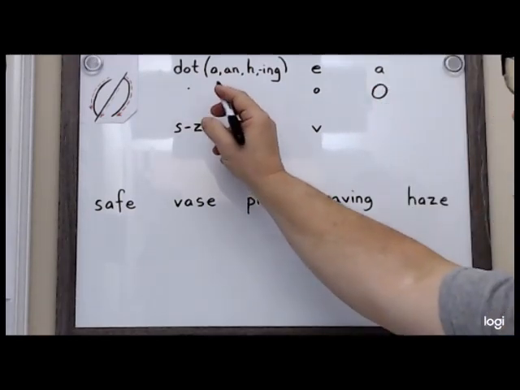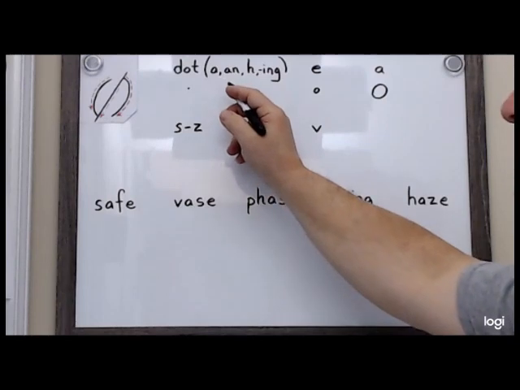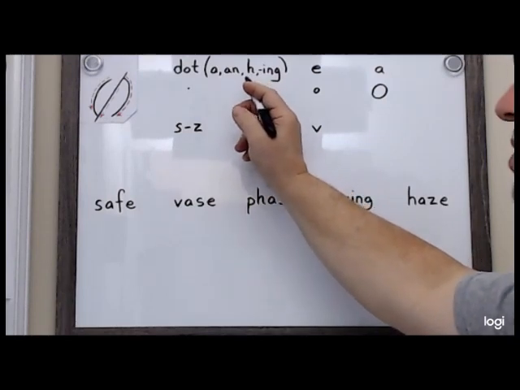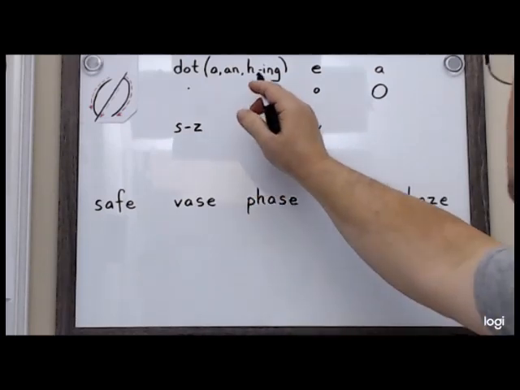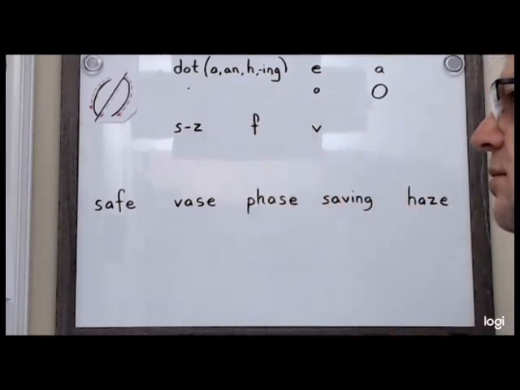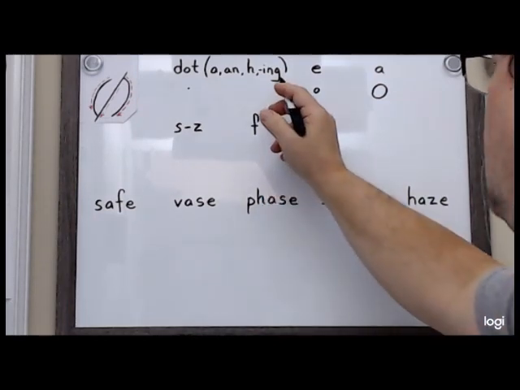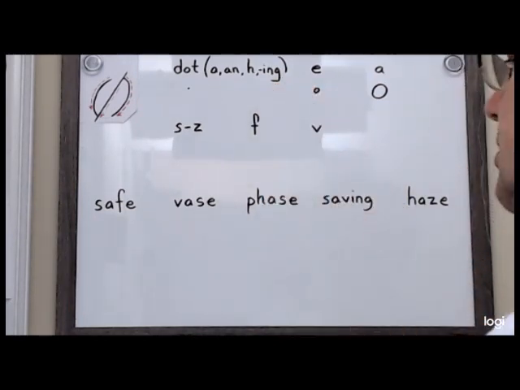The dot represents the article a, and when written by itself, the word the. Before a vowel, the dot represents the H sound. And at the end of a word, the dot represents ing as the suffix.